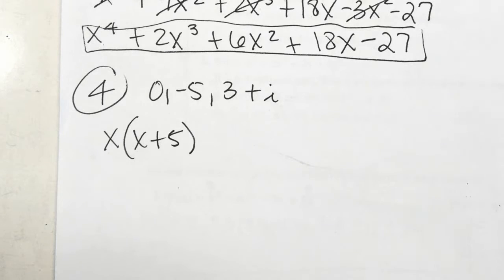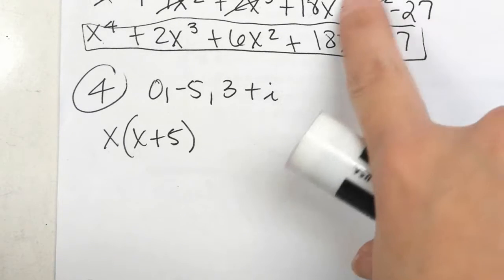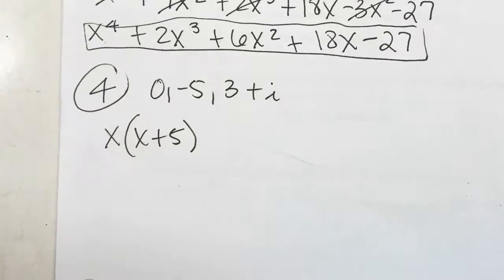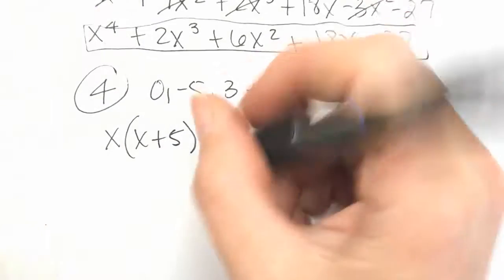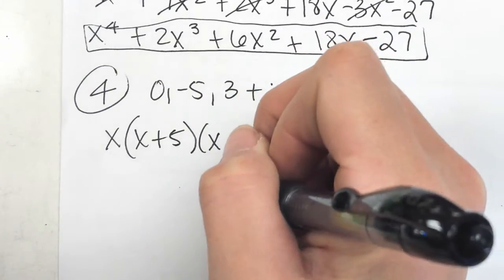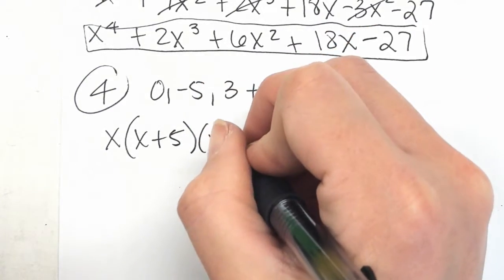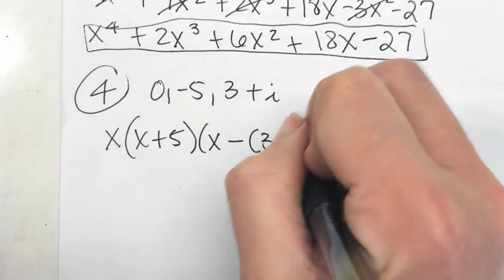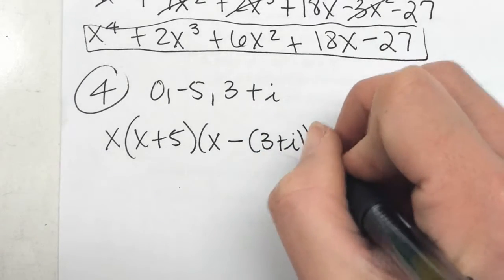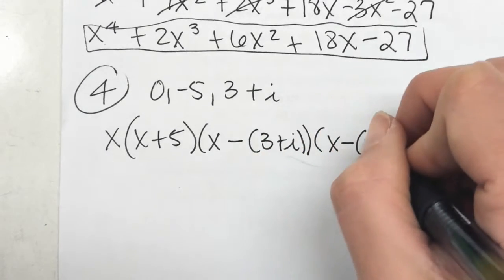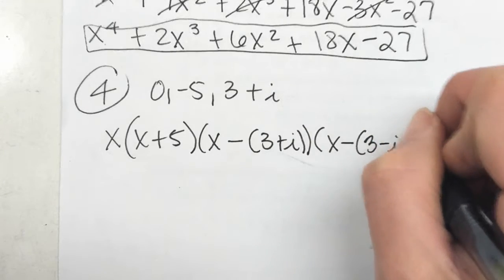Let me write this up here. So the way we're going to write this, and this is anytime we have a binomial with an i in it, this is how we'll write it. I'll just write it on here. We're going to put x minus 3 plus i. And for the second case, we'll write x minus 3 minus i.